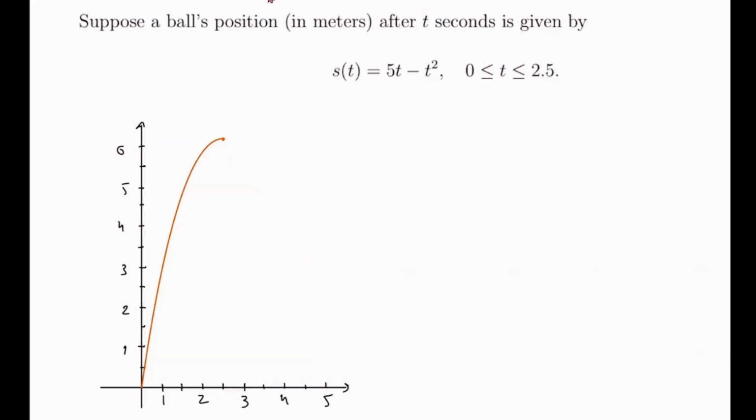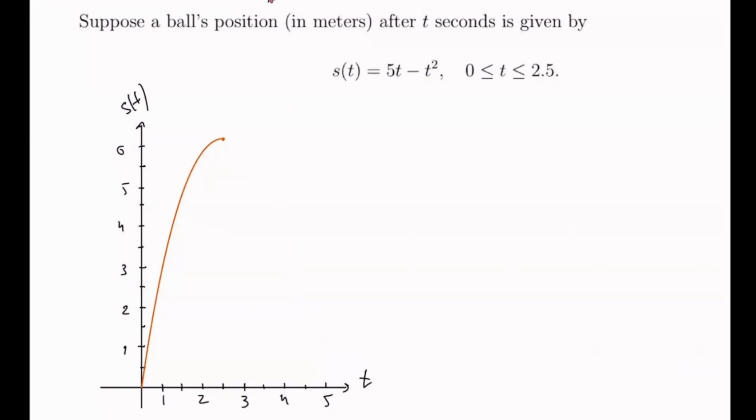So when time is t, this is my t-axis, this is my s of t, my position function. This model says at the start t equals 0, the ball is at the origin and moving forward quickly.